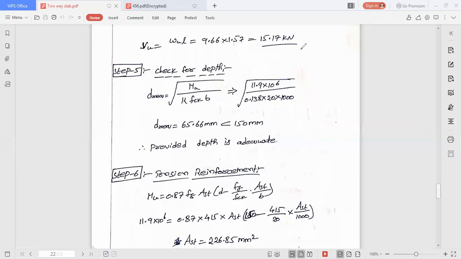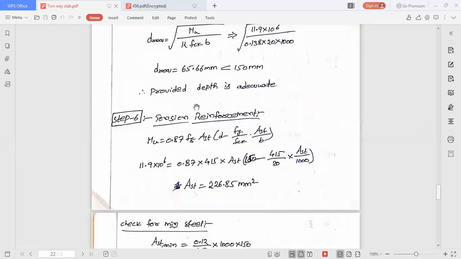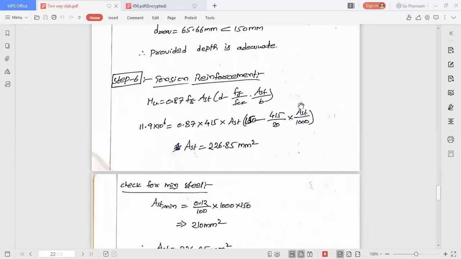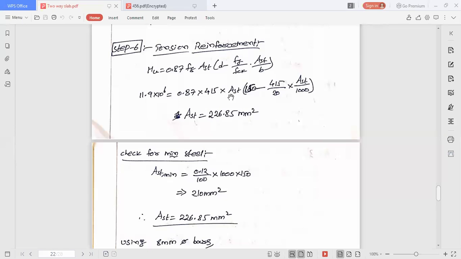Okay. Now, as it is safe against bending, we can write this statement: provided depth is adequate. Now, the last step, not last, tension steel calculation. The formula is the same: bending moment equal to T into Z, and here only Ast is unknown. After substitution of all the values, we got Ast as 226.